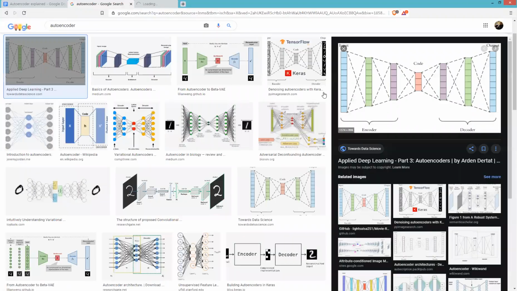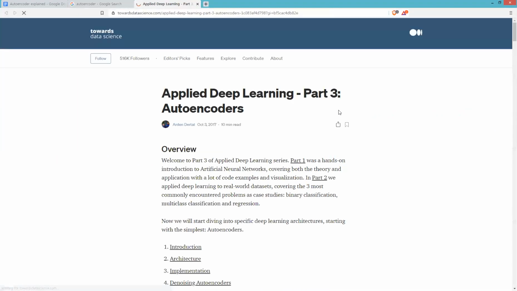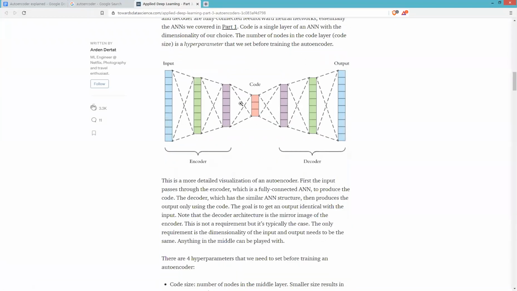I think this is nice. So let's look at this figure. Here we have a typical autoencoder, with a small code here and then two deep neural networks at both sides.